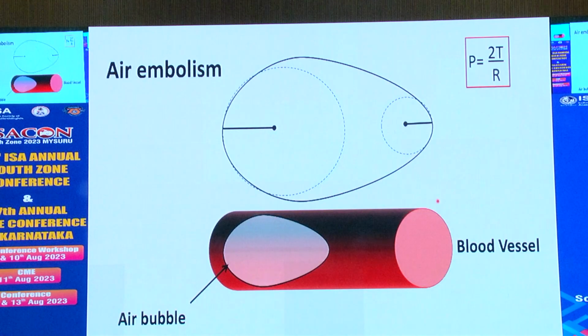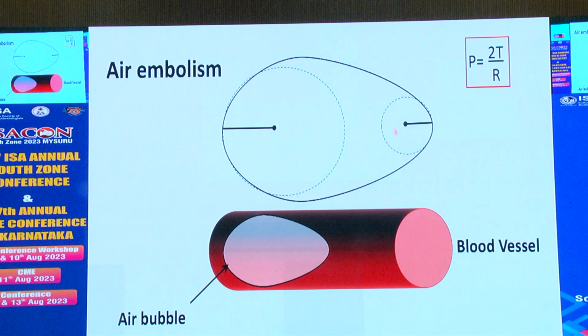The second one is air embolism. Whenever air travels in a blood vessel, it won't form a sphere, but it forms an ellipsoid structure. The leading edge will have a smaller radius, whereas the rear end will have a bigger radius.